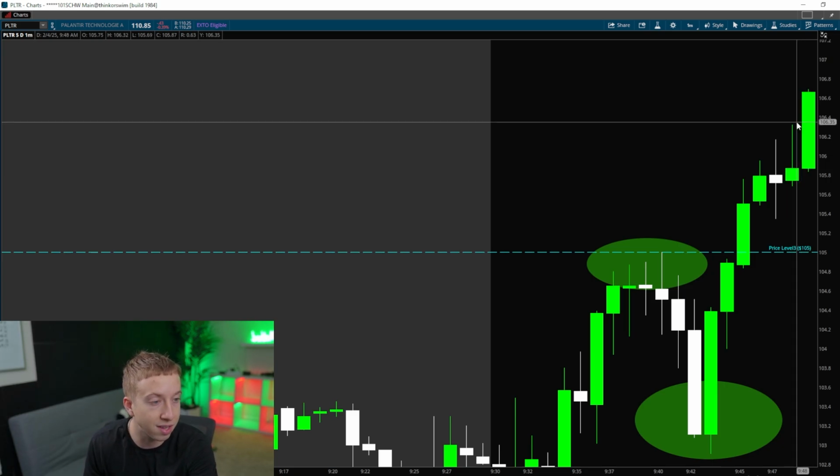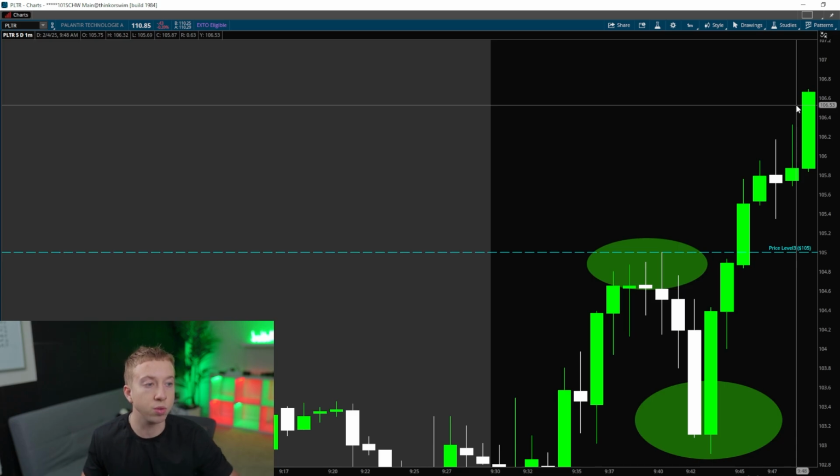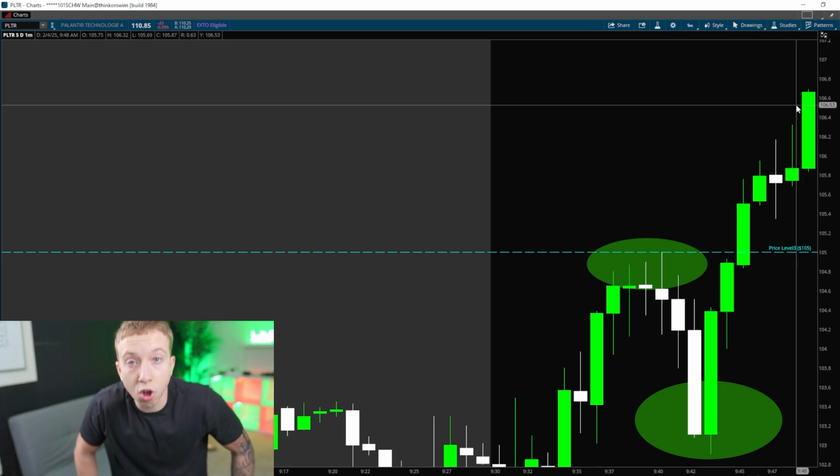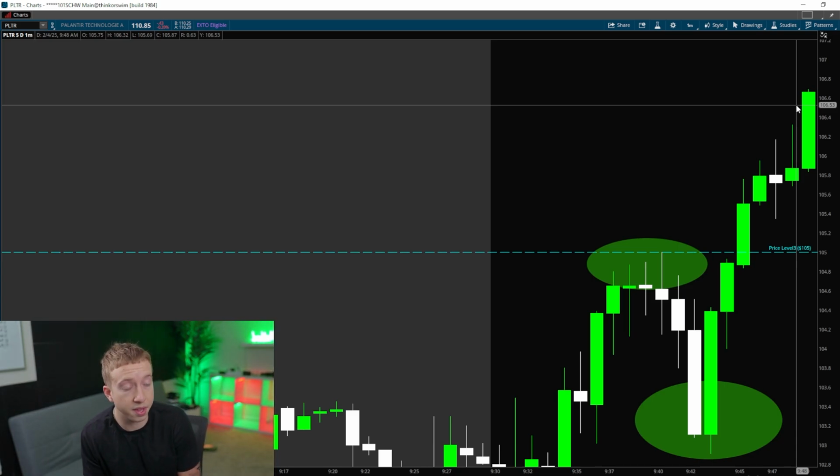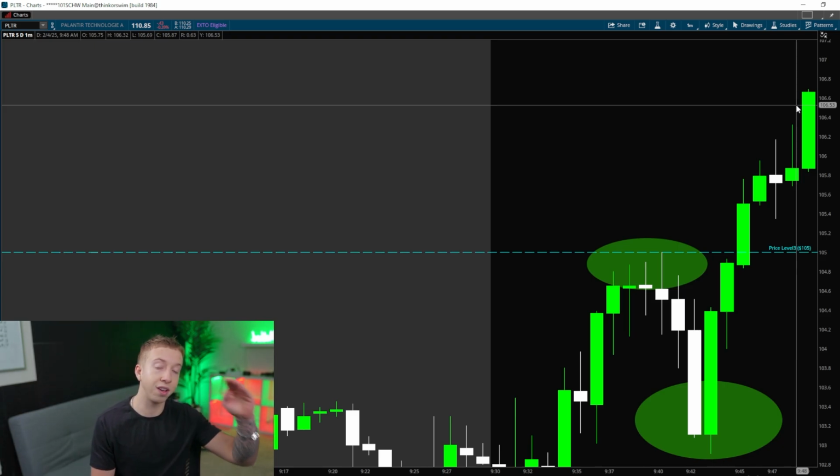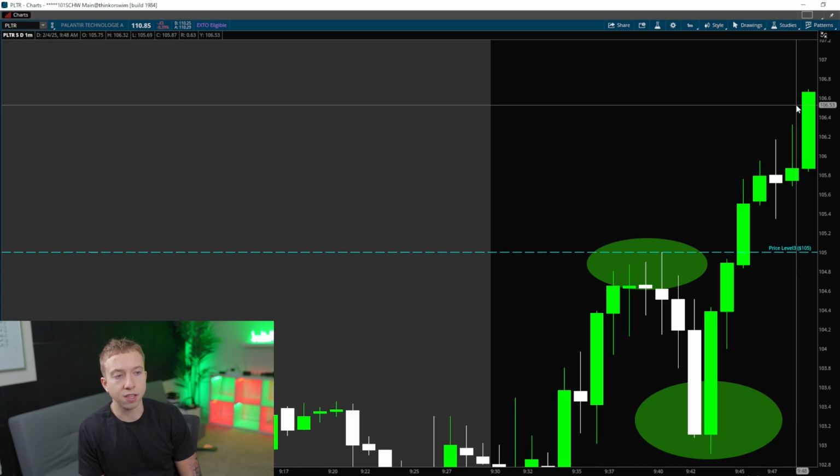We get past this high and we're at 106.6. I sold there. The reason why I sold there is because we had such a high probability of coming down that these buyers decided, I guess, to exert all of their energy into one last candle and get one last rep in. And I've seen this time and time again.